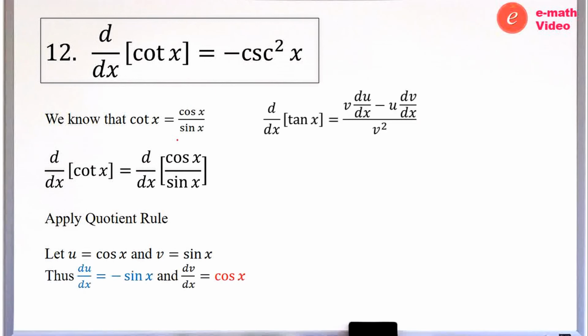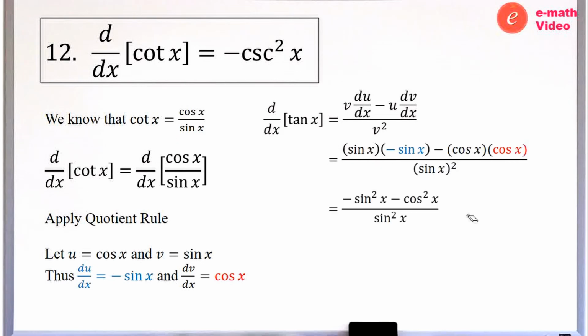Write out the formula. Expand the bracket. We can factor out the negative sign by writing like this. Plus cos squared x, and this is our old friend again, equal to negative 1. So it's equal to negative 1 over sin squared x, and it is negative cosecant squared x.